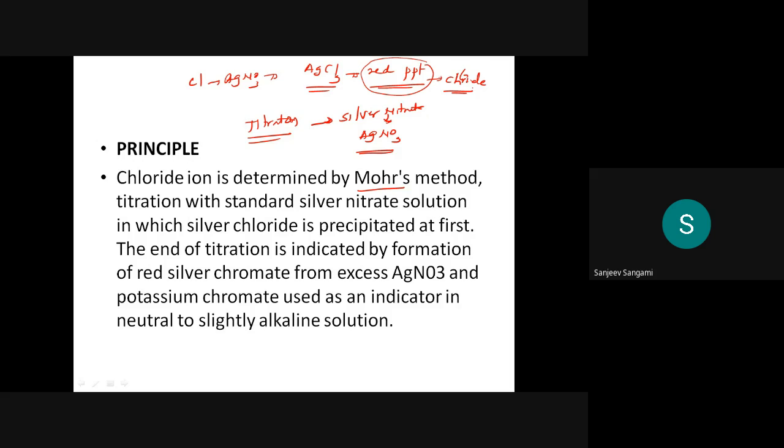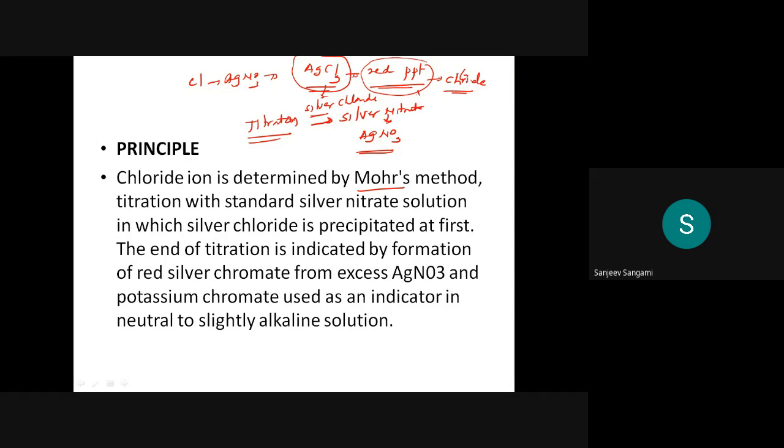This is silver chloride, AgCl. Once this red precipitate is formed, then you can say that chloride is present.